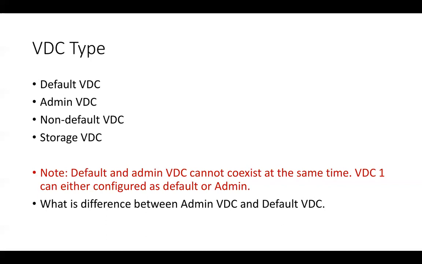As I said before, in default VDC, we can do administrative tasks along with control plane and data plane, which means we can forward user traffic in default VDC. However, in admin VDC, we are only allowed to perform administrative functions. Okay.